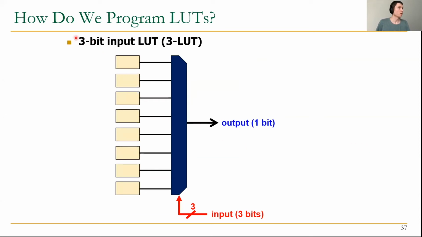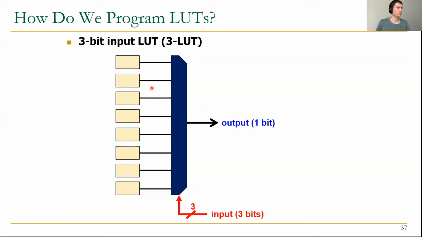Okay, and how do you program those FPGAs, or specifically, how do you program these lookup tables? In this example, I'm showing a 3-bit input lookup table. This means that we have 3 bits to select which of the storage bits we want to output.